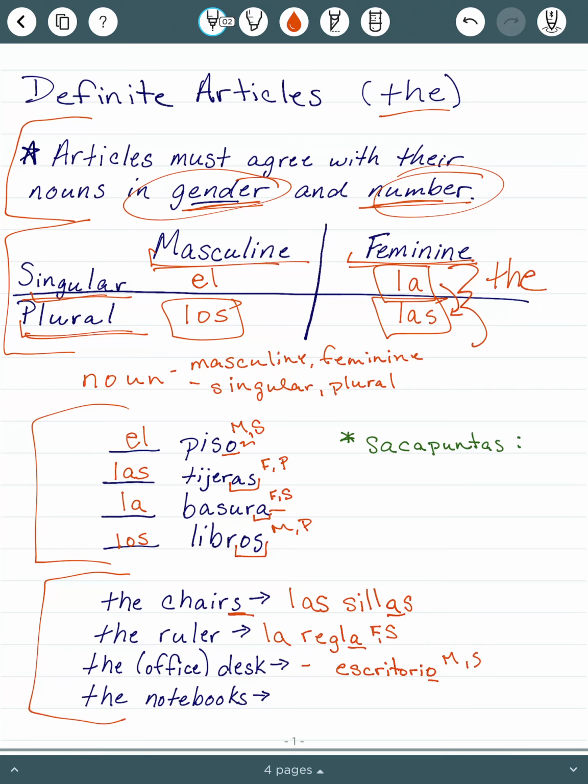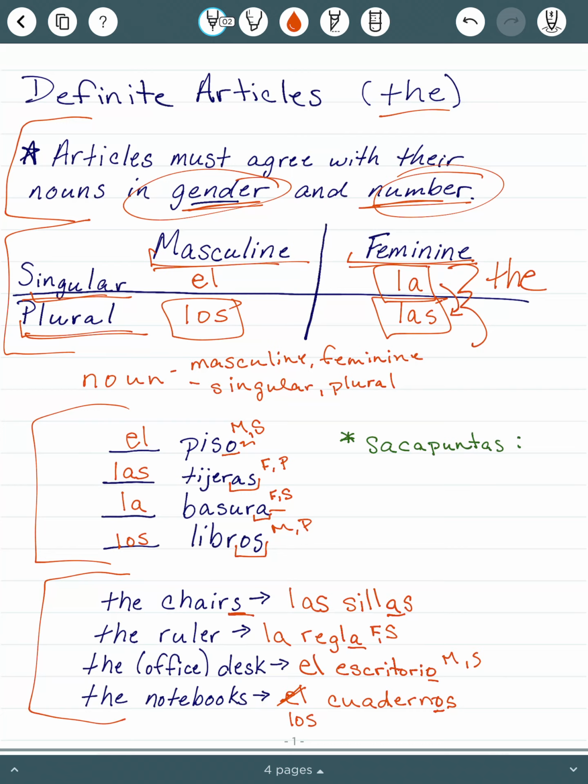So masculine and singular will be el. And then this last one, the notebooks. The one notebook is el cuaderno, but we need to make it plural. So cuaderno ends in a vowel, add an S there, change el to los cuadernos. So that's how it works for normal nouns that follow the rules with the endings.